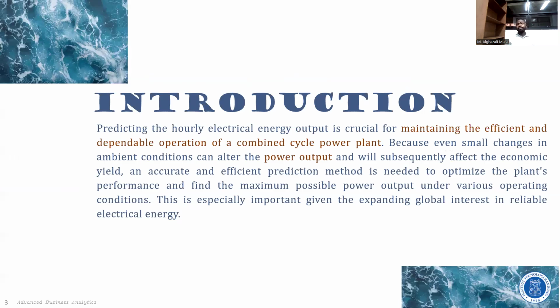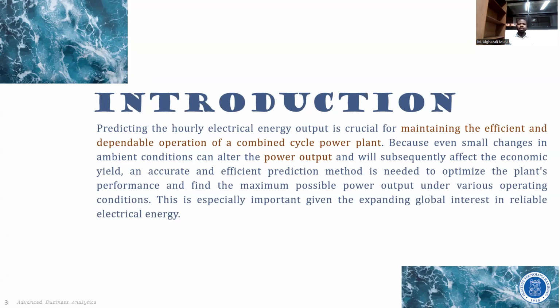Actually, predicting our electrical energy output is crucial for maintaining the efficiency and also the sustainability of the process we use. In our case, we are dealing with a combined cycle power plant, as we know that some small changes in ambient conditions, like ambient temperature, ambient pressure, could affect the power output.